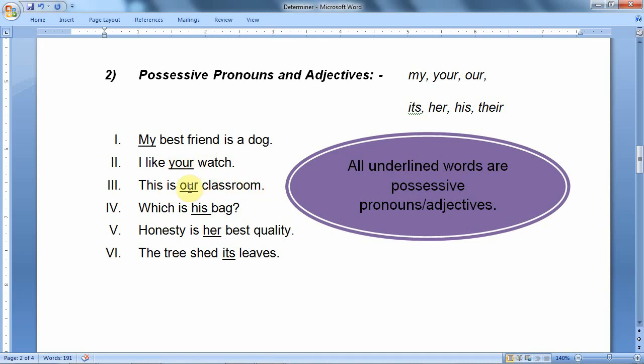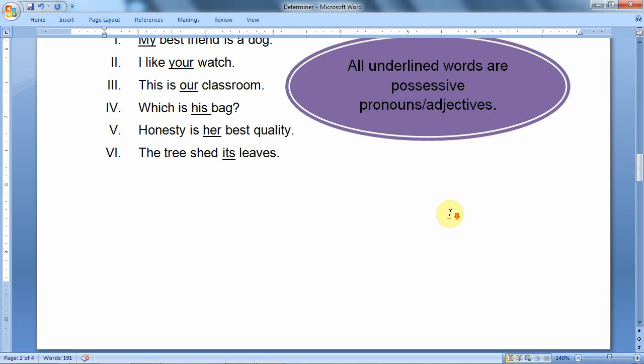Which is his bag? His. Honesty is her best quality. Her. The tree shed its leaves. Its. So all underlined words are possessive pronouns and adjectives. All these things come under the determiner family. All these are members of the determiner family.